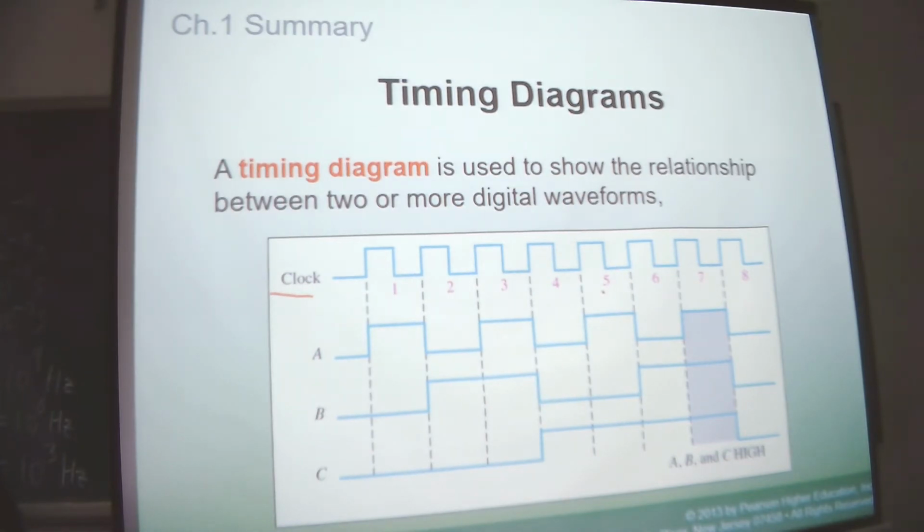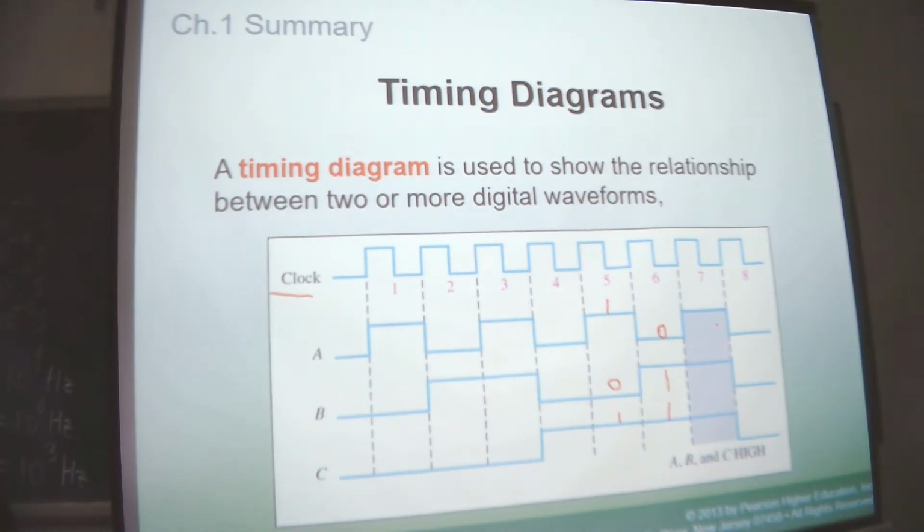In the fifth period, A high, B low, C high. In the sixth period, A low, B high, C high.